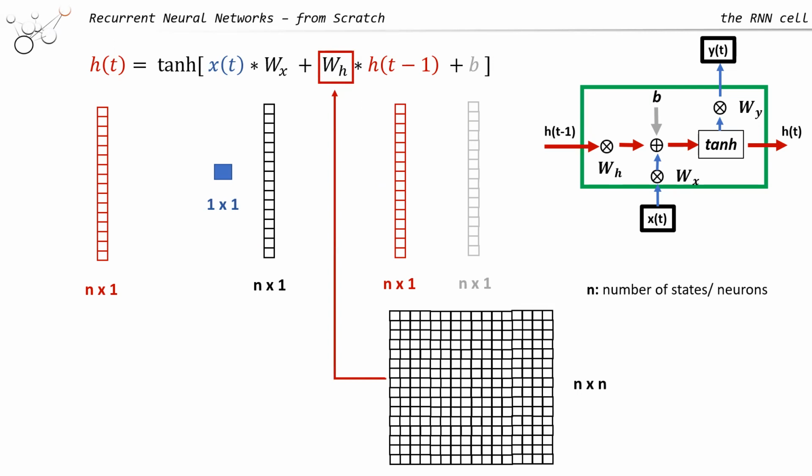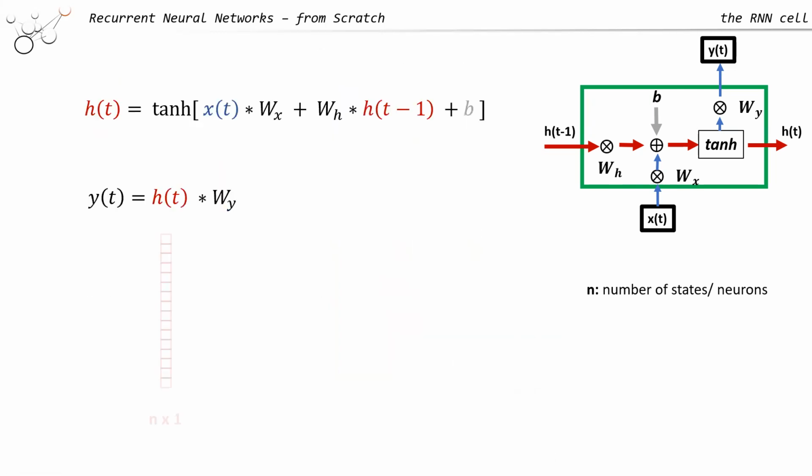So just if you look at the different dimensions. And then if we take a look at the output Yt, we know Yt also has the shape 1 times 1. So if we have Ht, and we know already that Ht has the shape n times 1, then Wy must have the shape 1 times n.